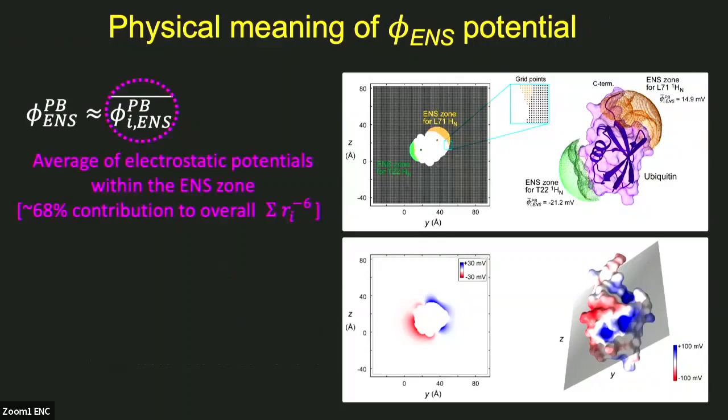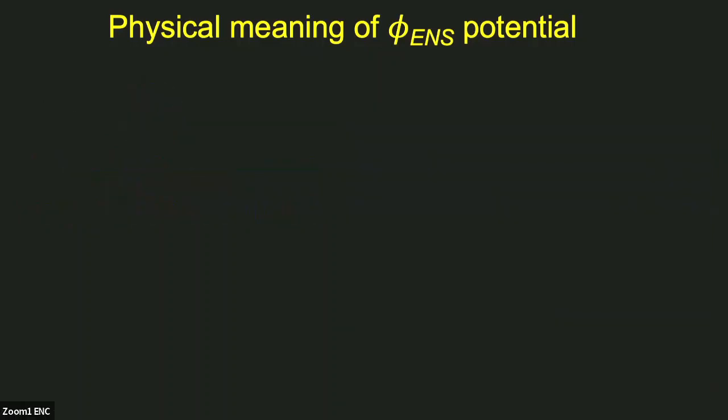And in fact, empirically, if we define a zone that makes 68% contribution to overall sum of R to the minus 6, the average of the electrostatic potentials within that zone is almost the same as the back calculated phi ENS calculated by the previous equation I showed.